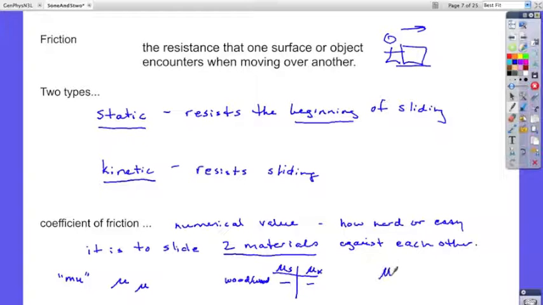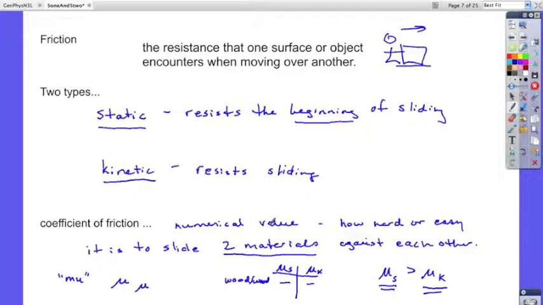The coefficient of static friction is almost always greater than the coefficient of kinetic friction. And that's why when you're starting to push this box across the floor, it's harder to start than it is to keep moving, because the coefficient of static friction, the friction that happens before it's moving, is a greater value than the coefficient of kinetic friction, which describes how easy it is to slide them after they're moving.